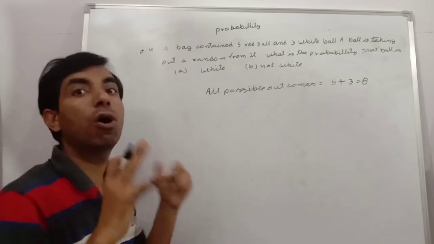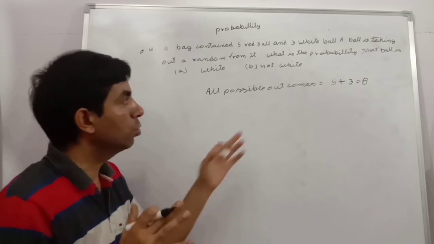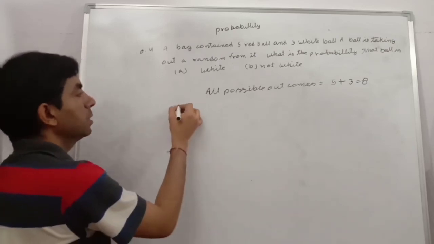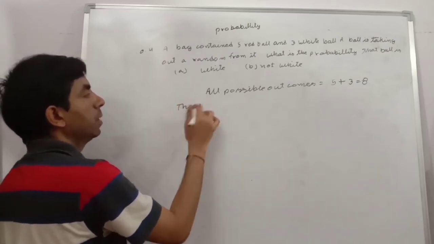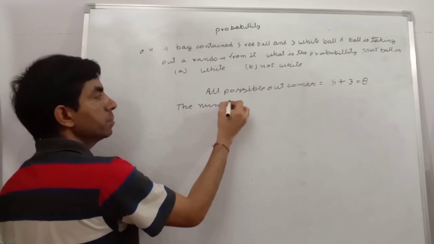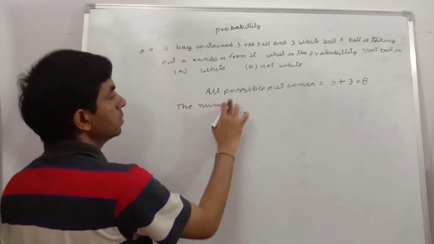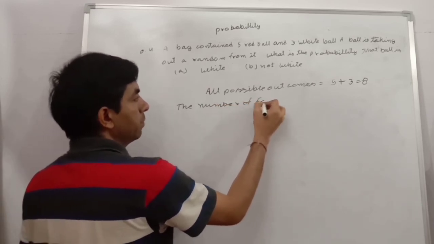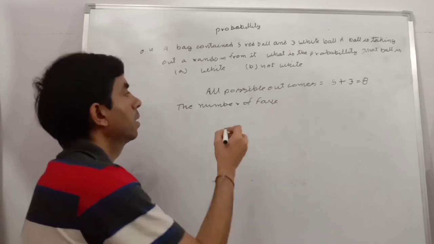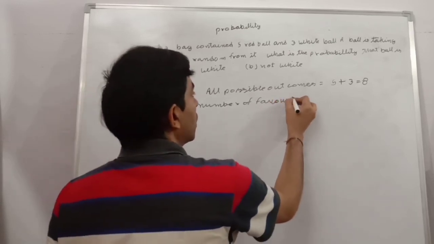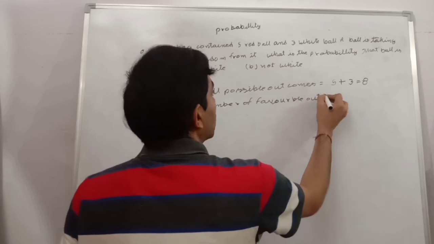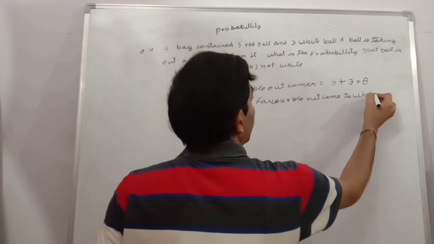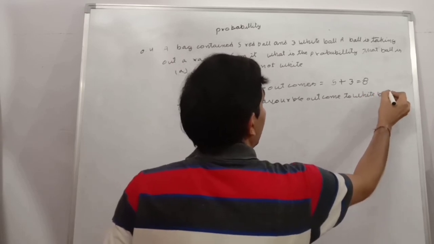After adding, we can find all possible outcomes of all the numbers. All numbers means all the things we have. So we have 5 and 3, 8 balls. So all possible outcomes is 8. Next, the number of favorable outcomes for a white ball.